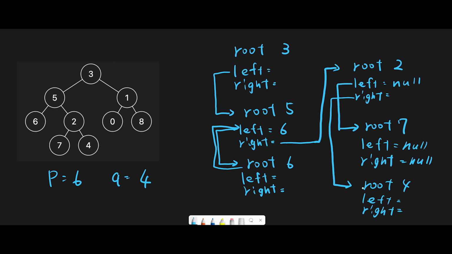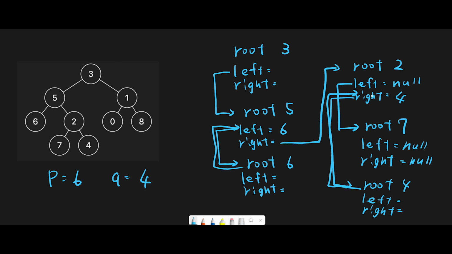And then we are coming from the right of root 2. So we go back like this. And then the right of root 2 is 4. And now we are at root 2, and we have already moved through all paths under root 2.